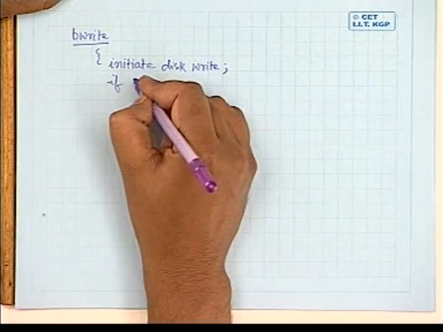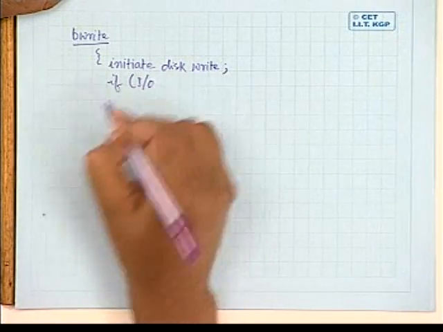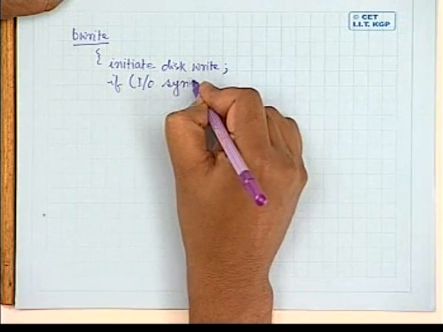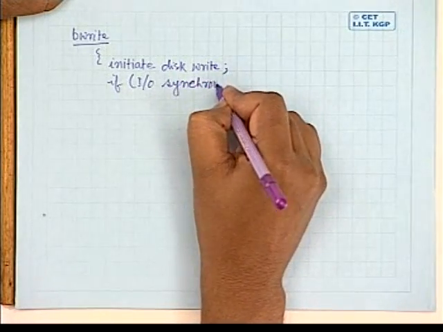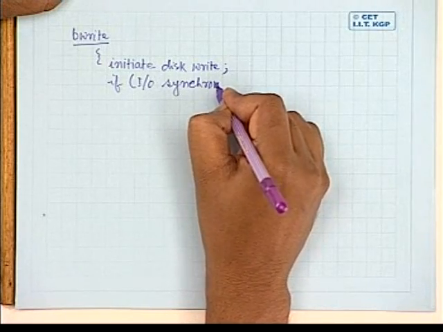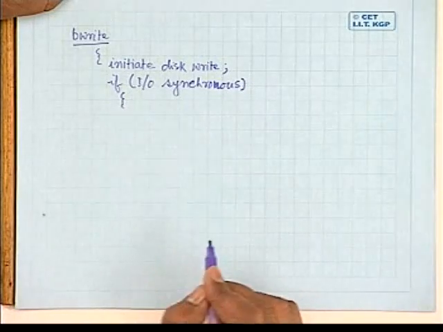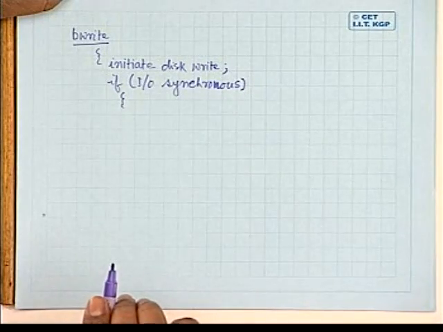If this IO operation, that is the write operation, is synchronous, then obviously the process has to go to sleep mode until the writing operation is complete.